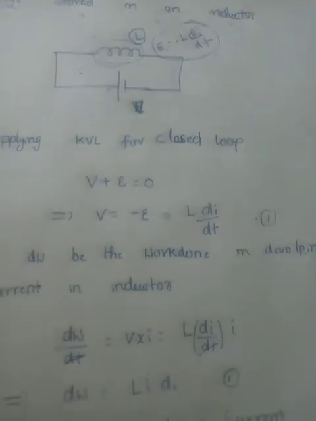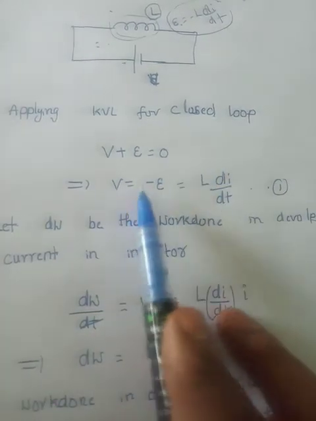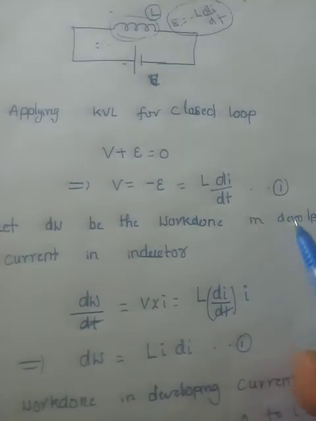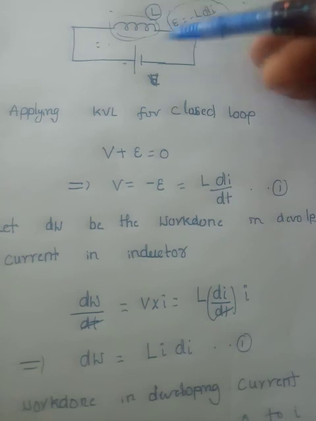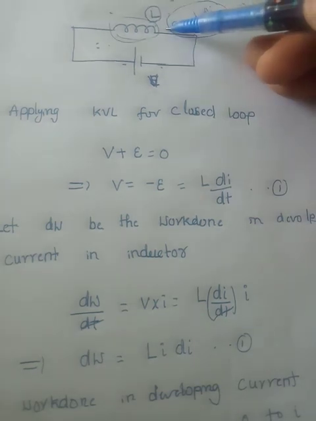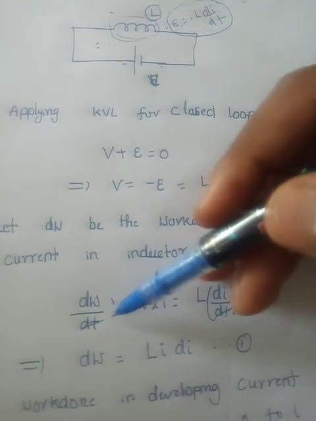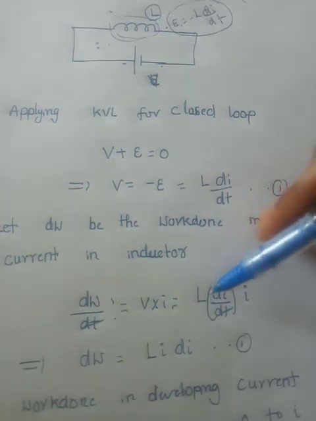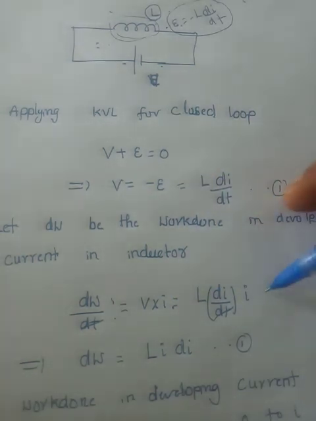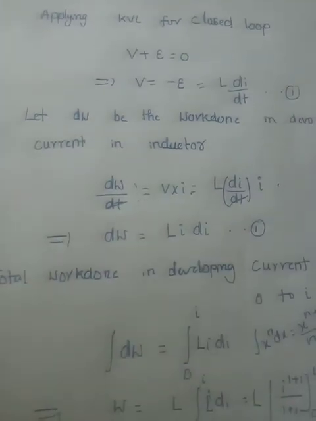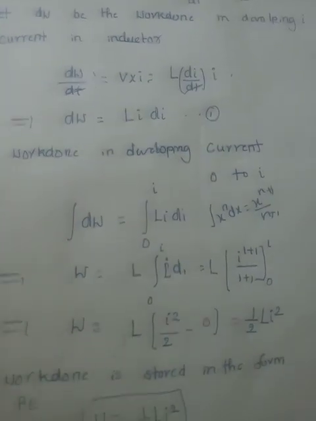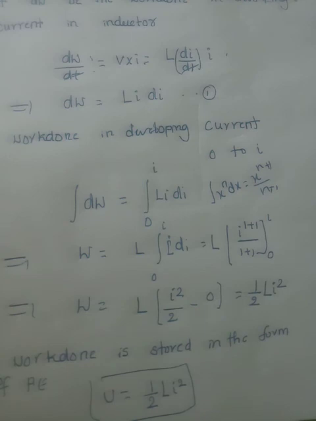Applying Kirchhoff's voltage law for the closed loop, V plus E is equal to 0, that implies V is equal to minus E. Because it is opposing, we must do work to flow current in the inductor. The rate of work done, dW by dt, is equal to V into I. What is V? L into di by dt, into I. The dt cancels, and dW is equal to L I di. The total work done in developing current from 0 to I is found by integrating both sides. On integration we get W is equal to half L I square.